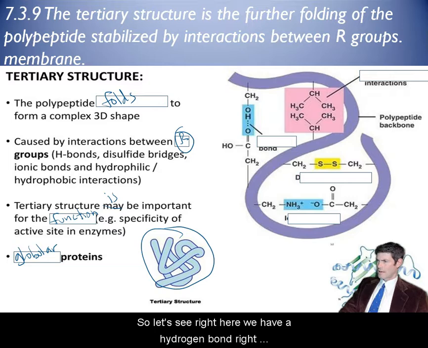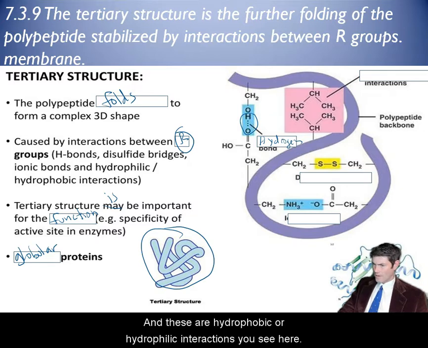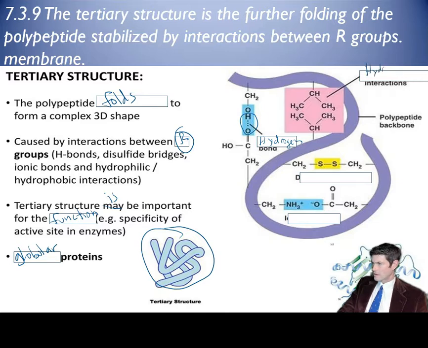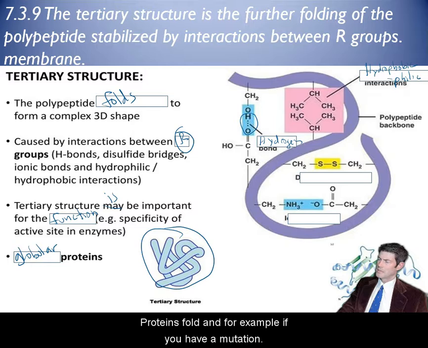So let's see, right here we have a hydrogen bond between that hydrogen and that oxygen. And these are hydrophobic, hydrophilic interactions you see here. Either way, that is having a huge effect on how proteins fold up.